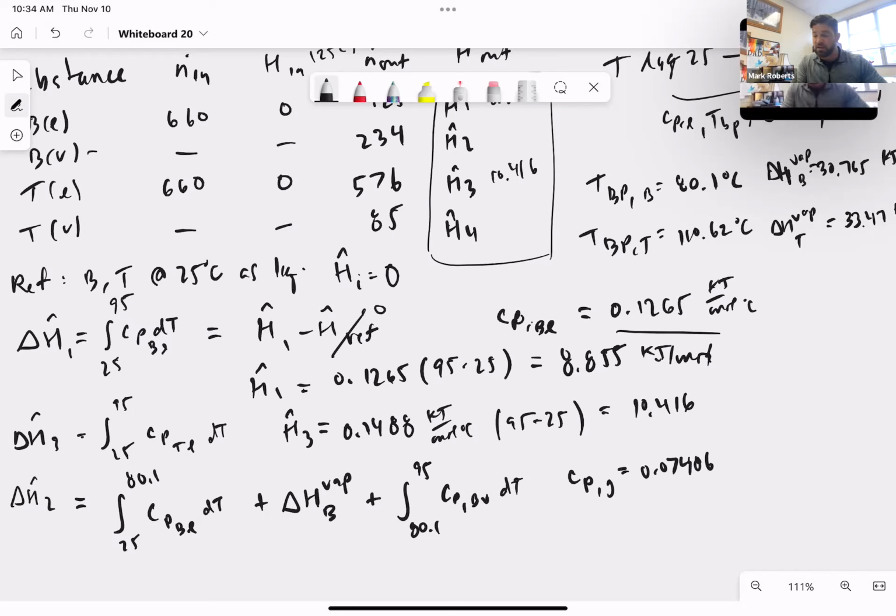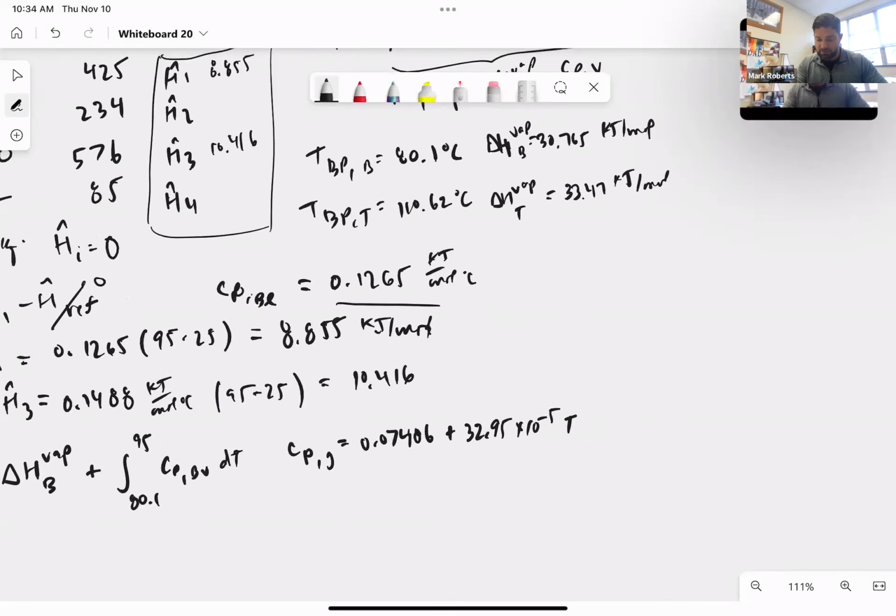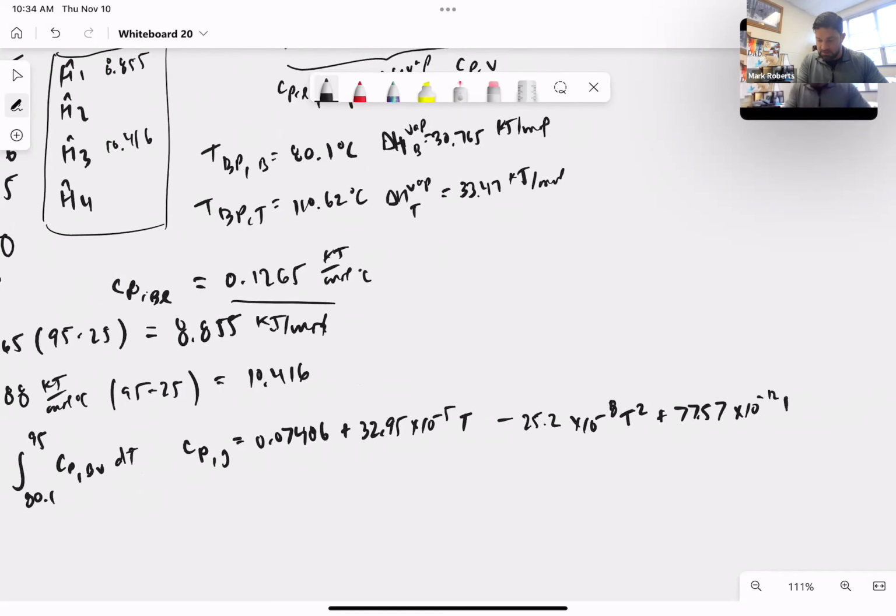So make sure you practice reading the table so that we write these values correctly. This is going to be plus 32.95 times 10 to the minus 5 T. I'm just going to scroll over this way so I can write all the terms. Then we have minus 25.2 times 10 to the minus 8 T squared plus 77.57 times 10 to the minus 12 T cubed.